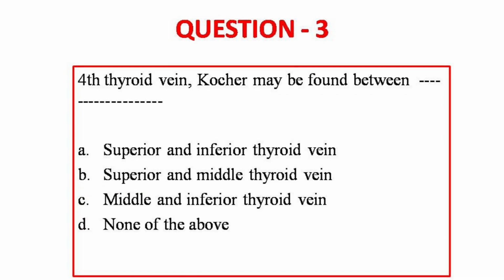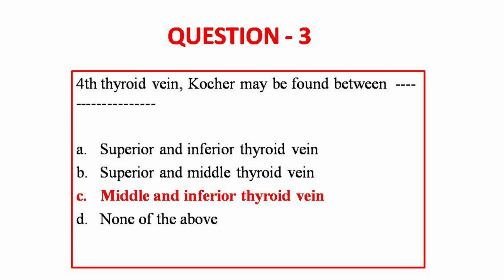Question 3. The vein of Kocher may be found between, they have given us 4 options: superior and inferior thyroid vein, superior and middle thyroid vein, middle and inferior thyroid vein, and none of the above. The answer is middle and inferior thyroid vein.